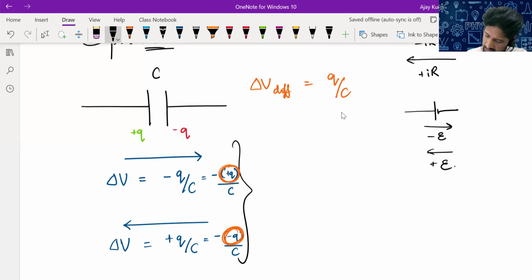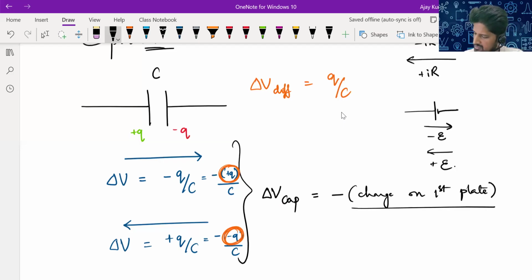So delta V across a capacitor, or when moving from one plate to the other plate of a capacitor, can always be calculated as negative of charge on the first plate divided by C. This formula can be used to express the change in potential across a capacitor while applying KVL.